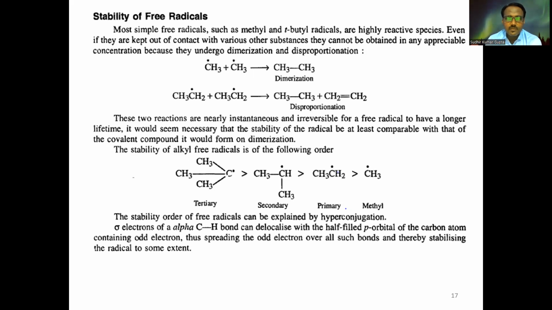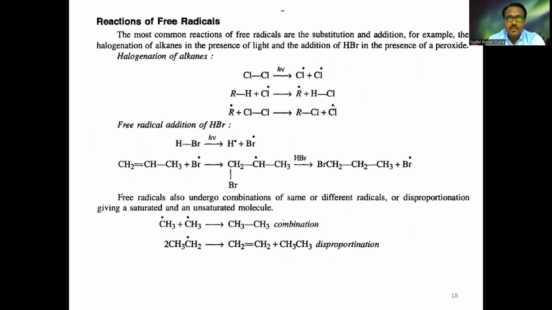The sigma electrons of the C-H bond at the alpha position can delocalize with the half-filled p orbital of the carbon atom containing the odd electron, thus spreading the odd electron over such bonds and thereby stabilizing the radical. As the number of alkyl groups increases, the stability of the carbon free radical increases, which follows the same trend as we have seen for carbocations. Now, free radicals can undergo halogenation.